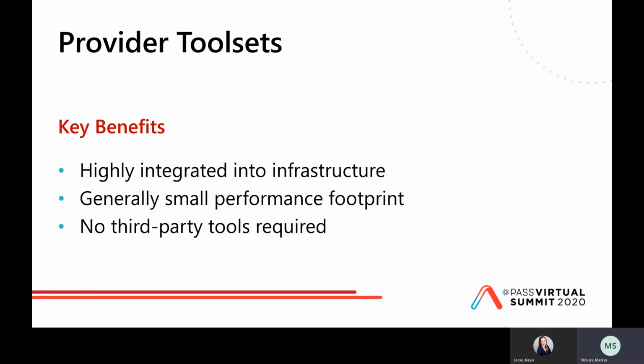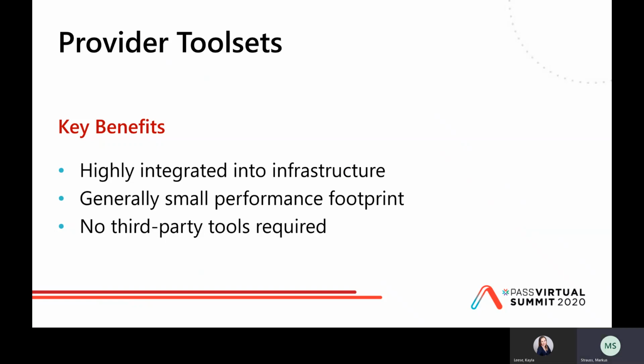Whether that's internally in our business, where maybe our business is not very open to letting third-party tools live on our database host machines, or whether there are potentially data protection issues that we may face.